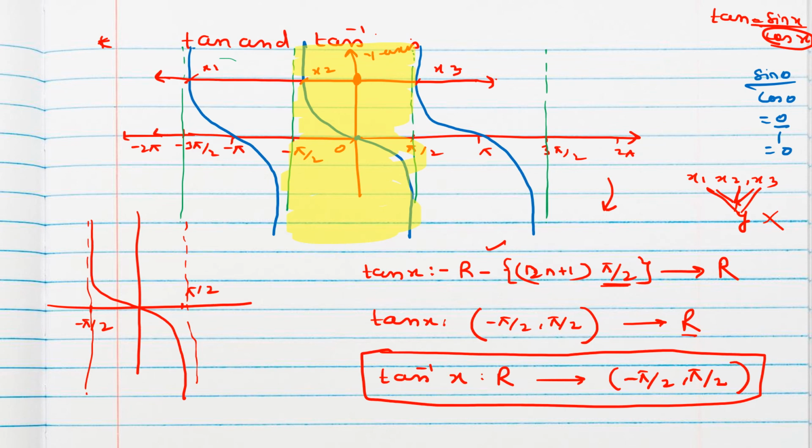Okay, similarly we can find for cot and cot inverse. So we know cot is cos by sine. So for every integral multiple of pi, that will be undefined, because sine pi is 0, sine 2 pi is 0.